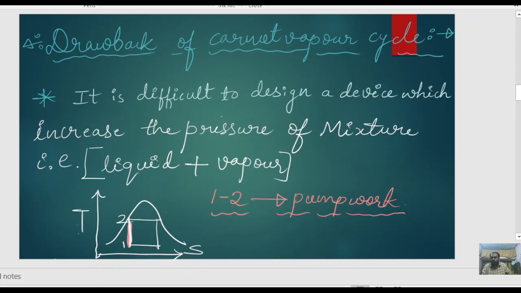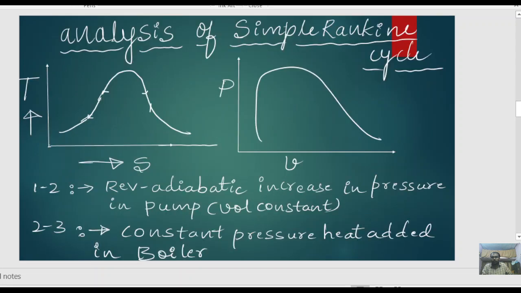Okay, this is all about the Carnot cycle. The next cycle is the Rankine cycle. Let's change the color of the pen. We'll take the white one. Through the TS and PV diagram, we analyze the simple Rankine cycle.